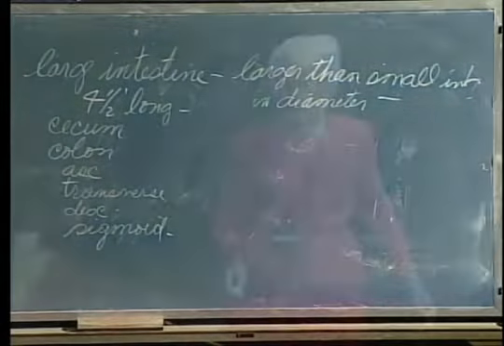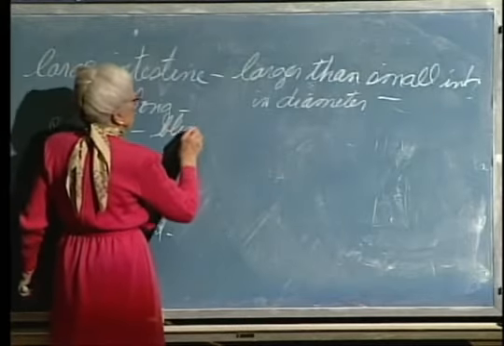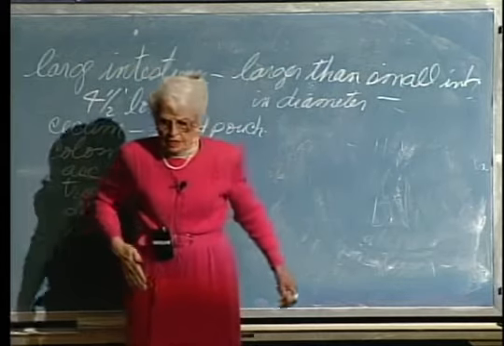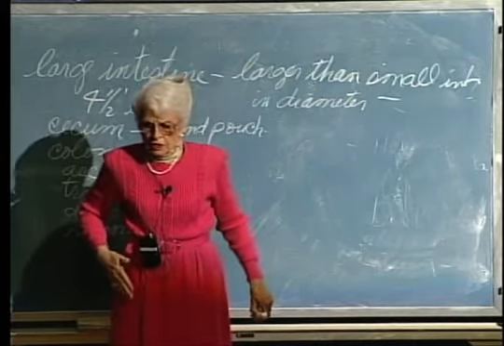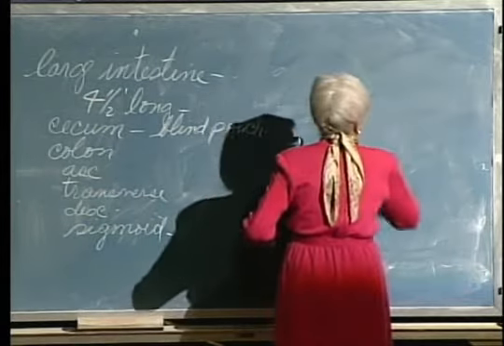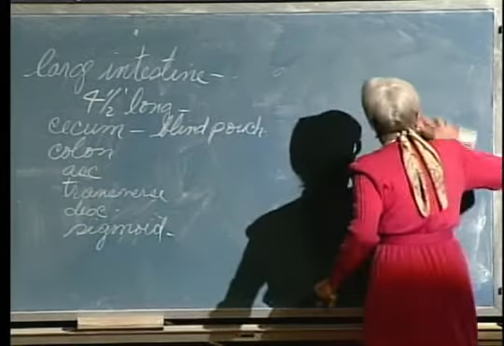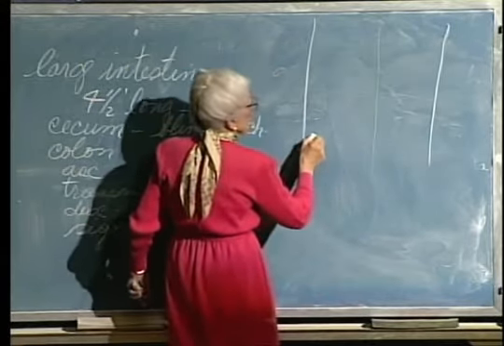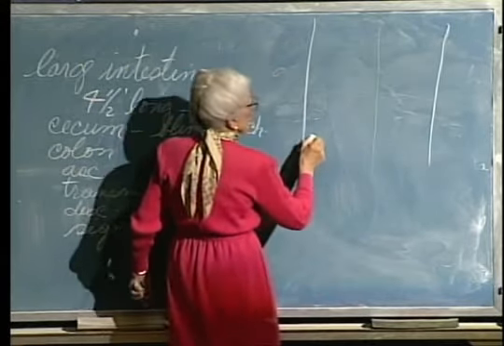That's all it's telling us. So the cecum will be a blind pouch. And it begins in the right lower abdominal quadrant. So let's just pretend this is our abdominal wall, divided in quadrants. We're going to start over here with this blind pouch. And we have the small intestine coming in here.